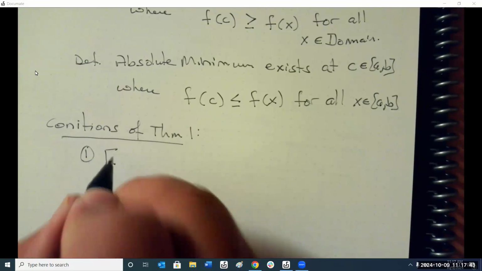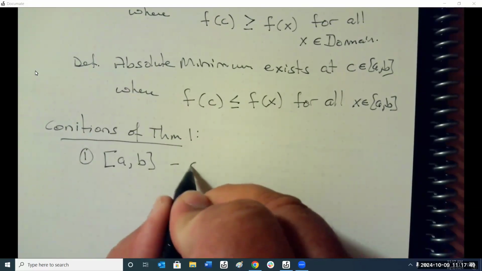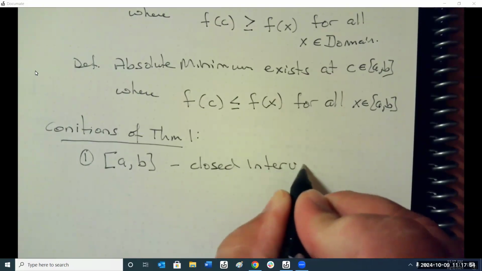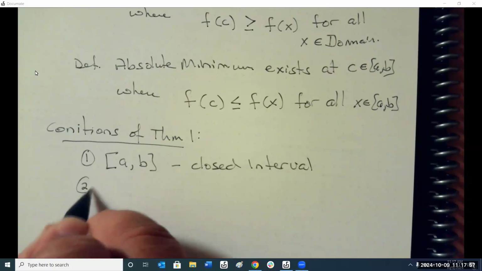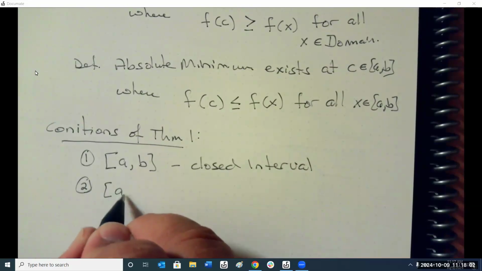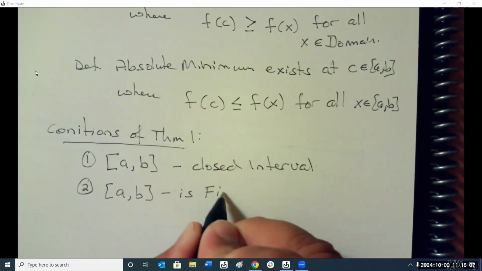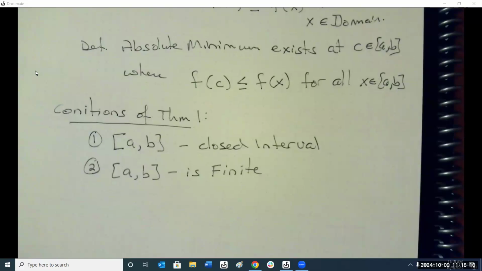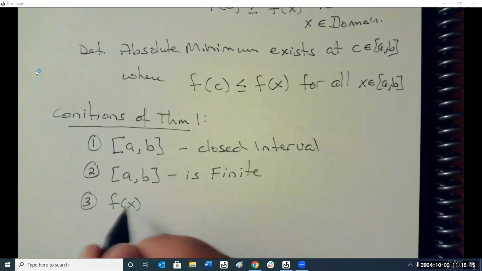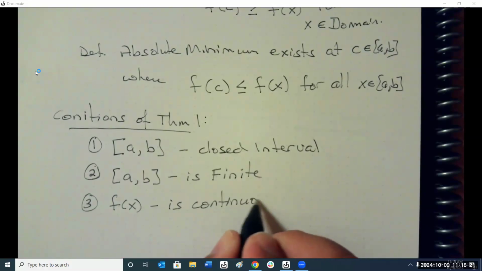The interval is closed. The interval is finite, maybe there's a beginning and an end, and the function is continuous.